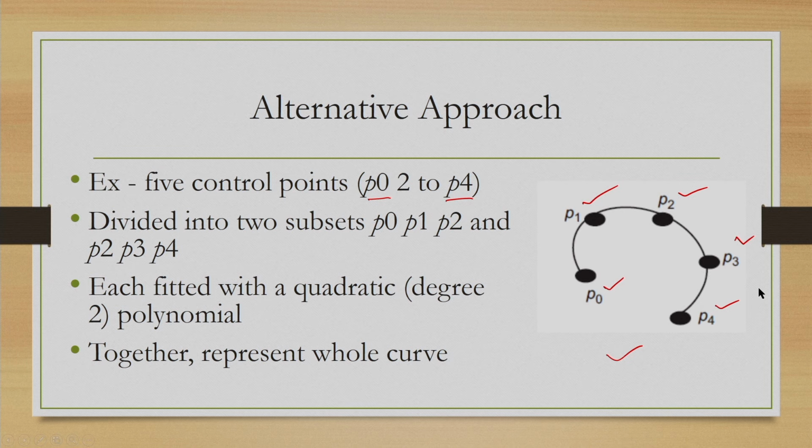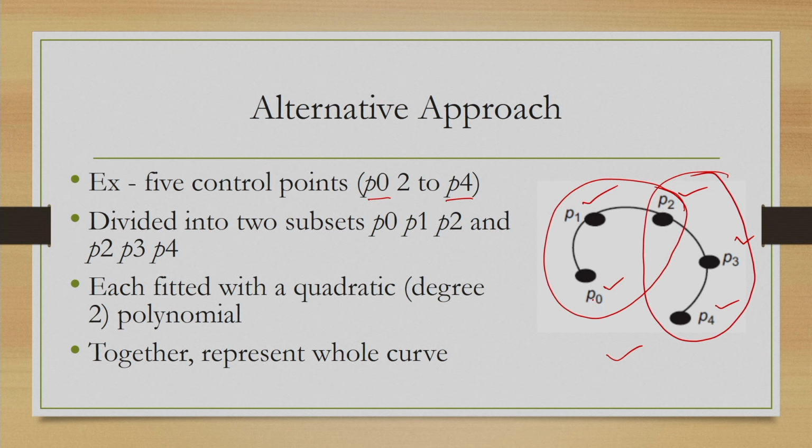Now, these 5 points need not be used to draw a single polynomial, which in this case would be of degree 4. Instead, what we can do, we can subdivide the set of control points into subsets, like the 2 subsets shown here.